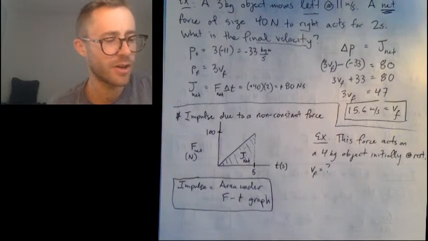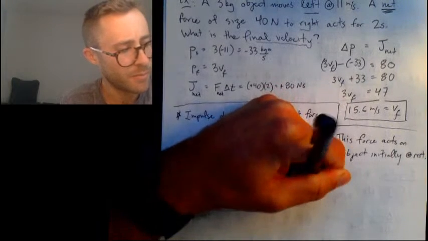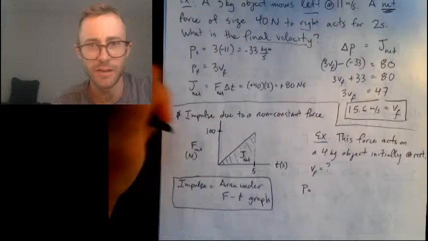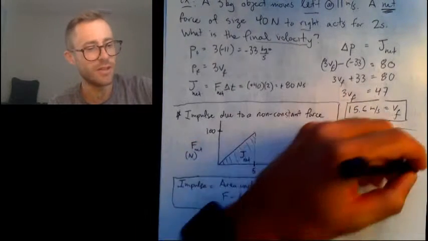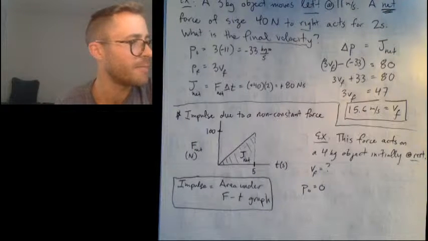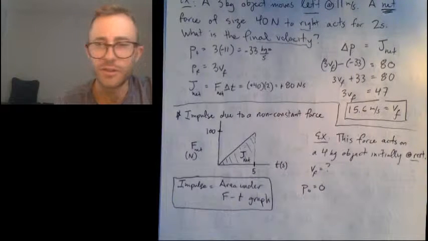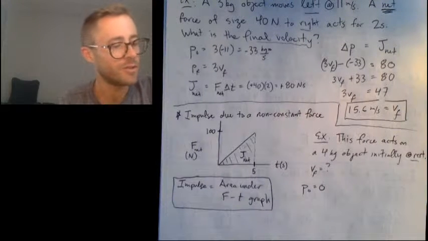Okay, so we're trying to figure out the final velocity. So p initial is 0. Why? Because it is initially at rest, and momentum is mass times velocity. So if your velocity is 0, your momentum is 0.